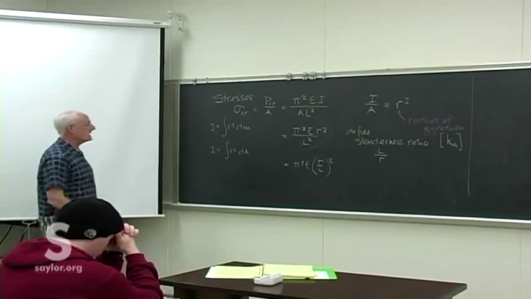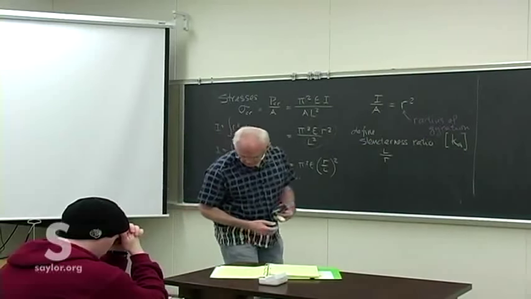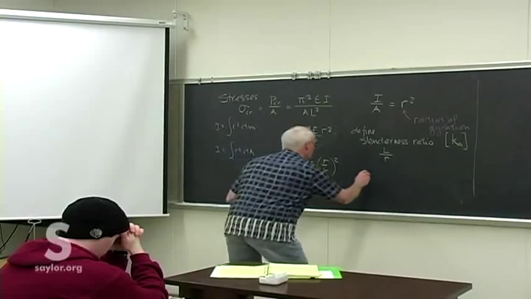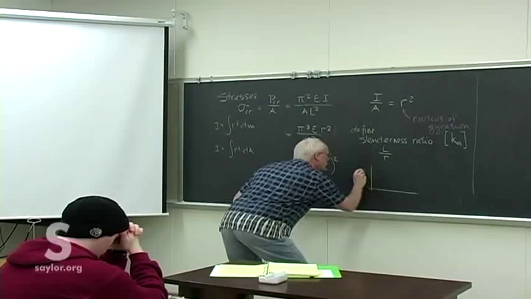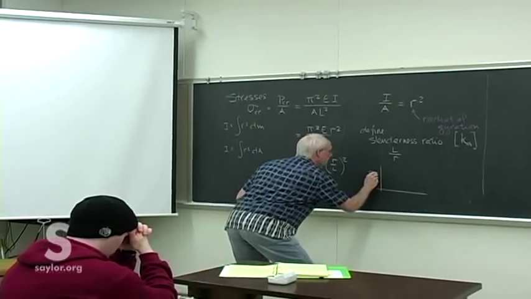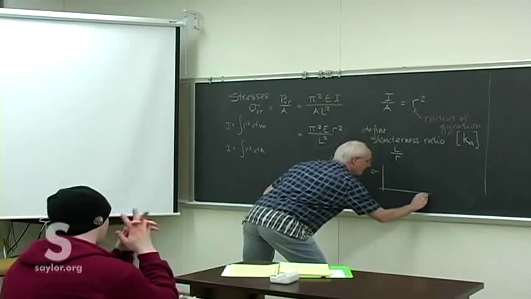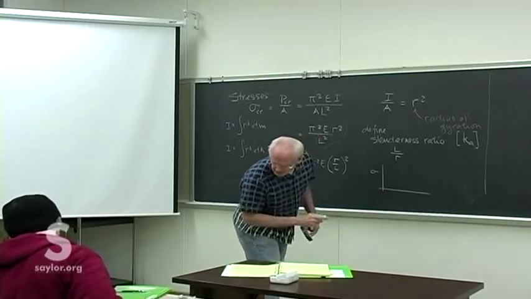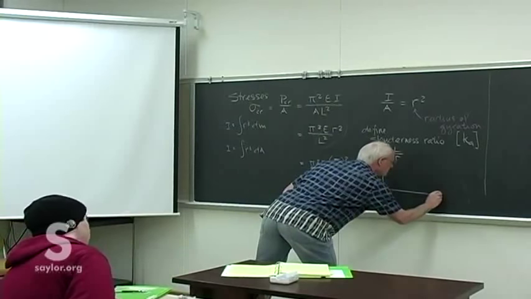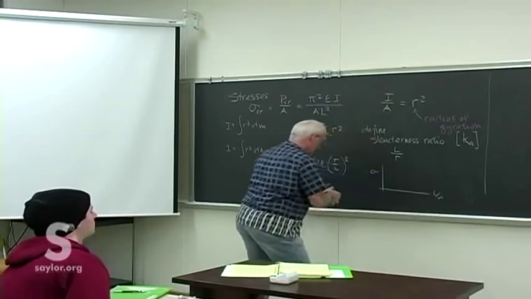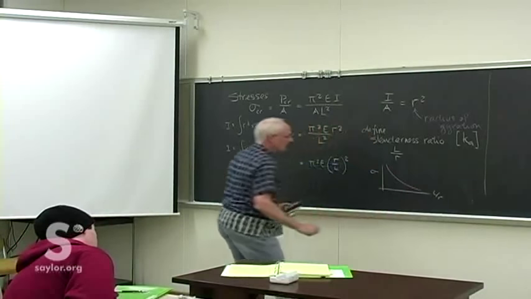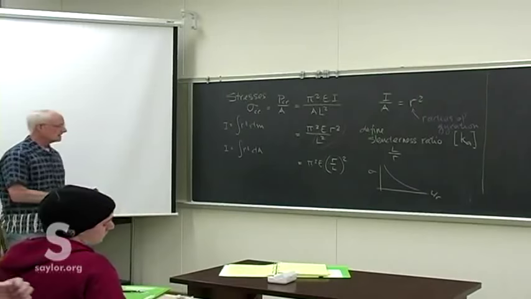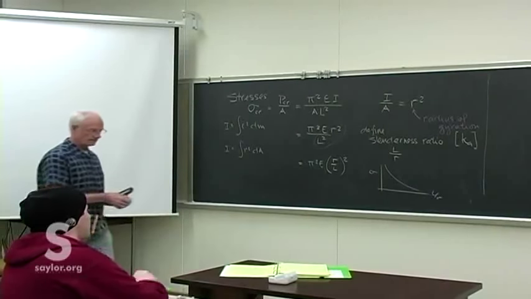So they're related, but not interchangeable directly. And so our stress as a function of this slenderness ratio is known as Euler's buckling equation. It's going to look like something like that since it's 1 over the inverse square.